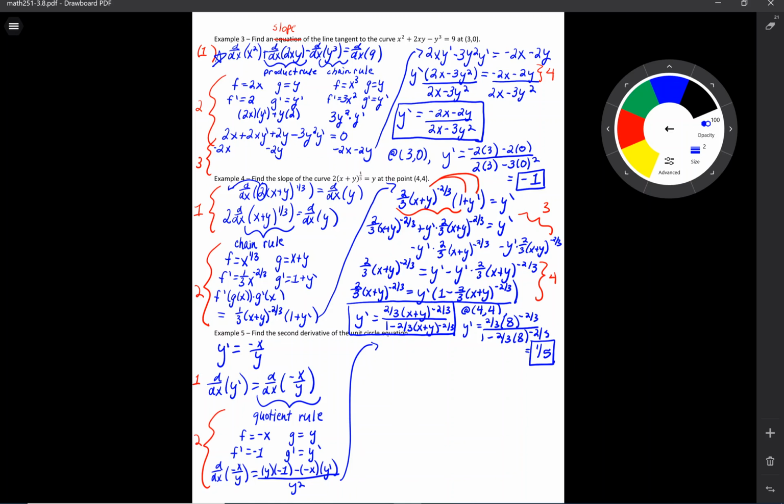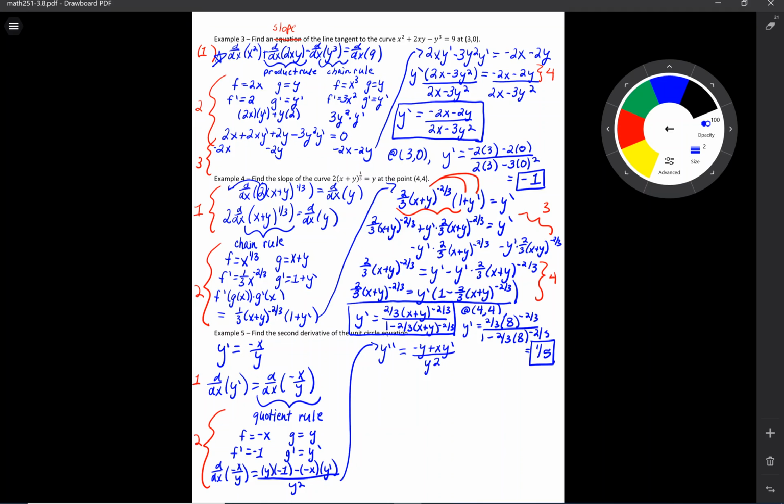So on the right side, I have y double prime equals, and then I just found the derivative of negative x over y. That was negative y plus x y prime over y squared.